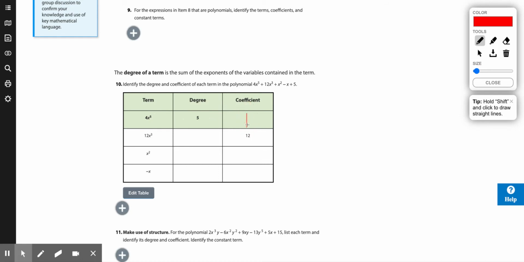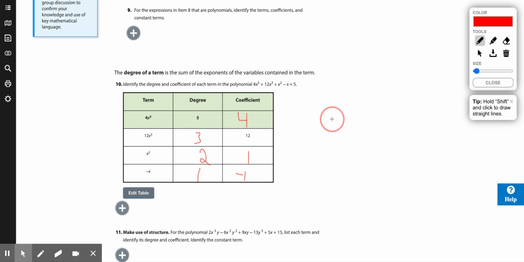And what's the coefficient? 4. 12x cubed. The degree is 3. That's our highest exponent. And the coefficient is 12. x squared. The degree is 2. The coefficient, remember, is 1. And then negative x, that's a degree of 1, and the coefficient is negative 1.